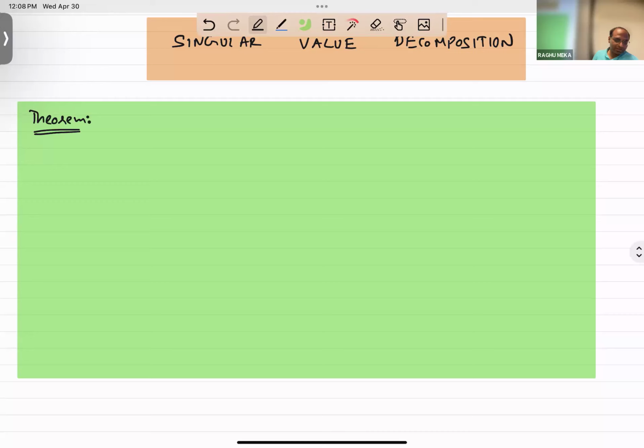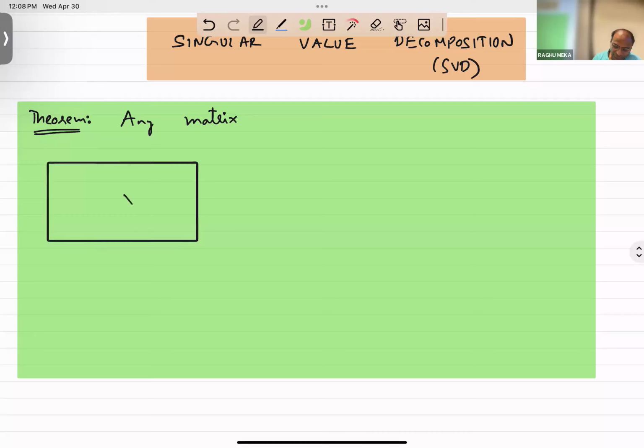So singular value decomposition, or SVD for short, is one of the most important operations in numerical linear algebra. And it says that any matrix, no matter what it is, can be written in the following way. So I start with the matrix X, which has n rows and d columns.